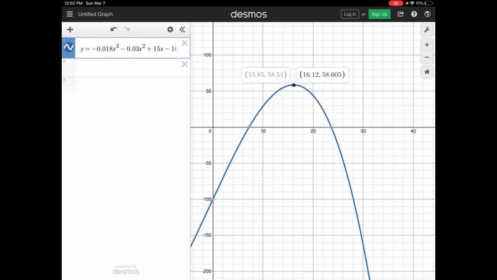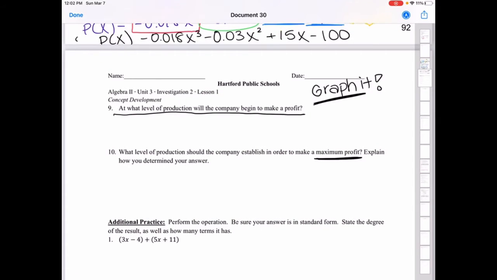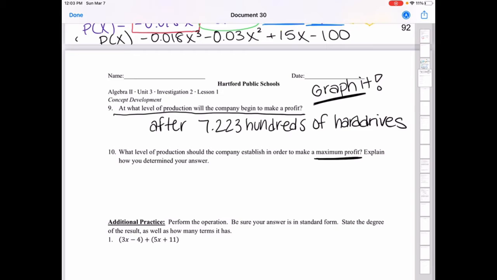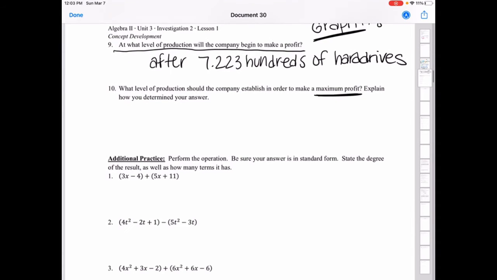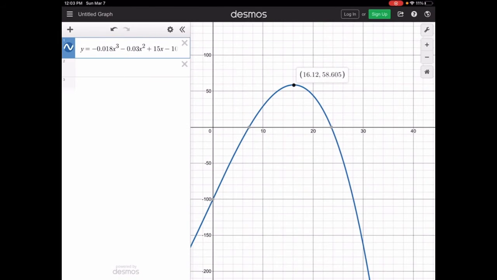And then they reach this maximum where they go back and decrease in profit again. So the company begins to make profit after 7.223. And now it says, what level of production should the company establish to maximize profit? Well, we know we have a maximum point here, so we should be producing 16.12 hundreds of hard drives.